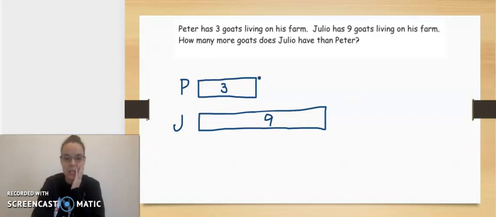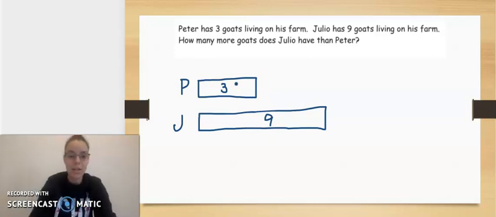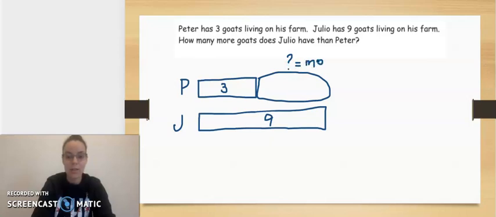So that means we're missing another part. Julio has 9 goats and Peter has 3. To find out how many more, we need to figure out what this missing part is. So I put a circle there, and I'm going to put a question mark on top because this is going to tell us how many more Julio has, okay?